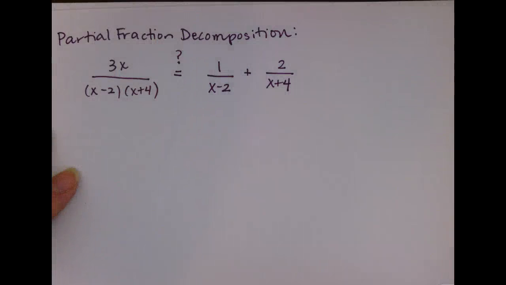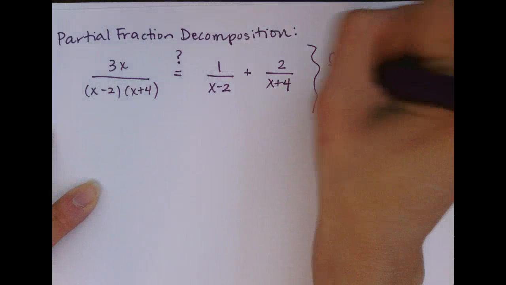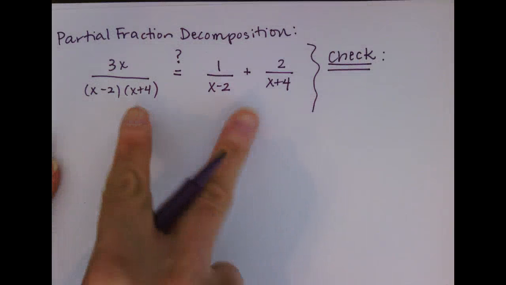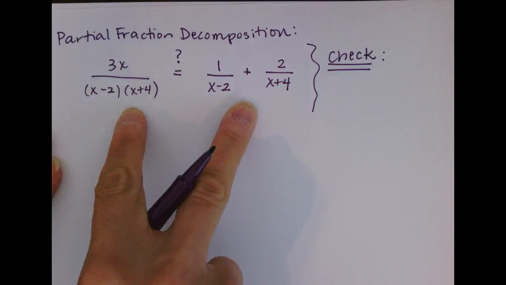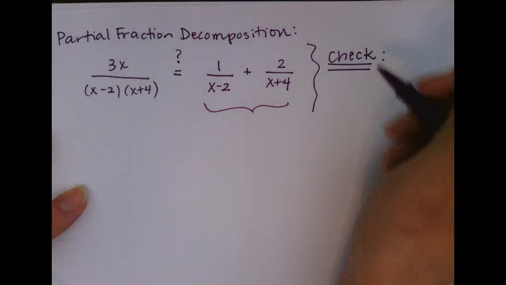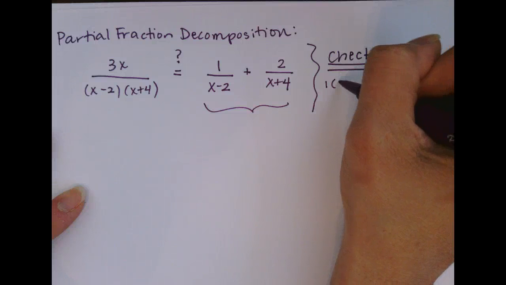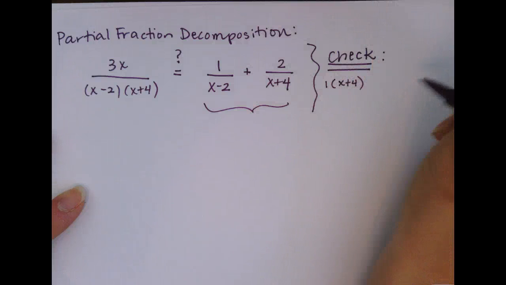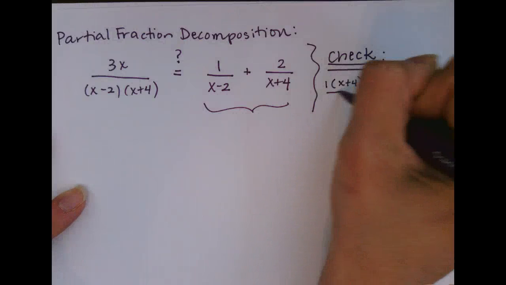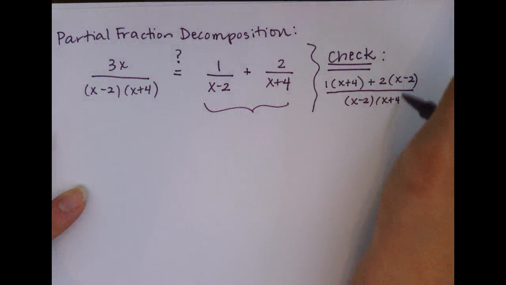Now we won't do this every time, but just once. Let's just do a check to make sure that this is correct and mathematically it's sensible. So let's find a common denominator here. Again, I'm going to take the first numerator and multiply it by x plus 4, and my second numerator and multiply it by x minus 2, and put it all over the product of those denominators.